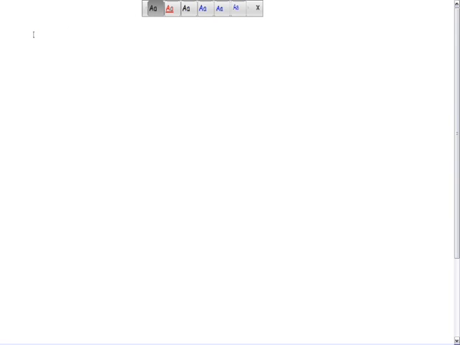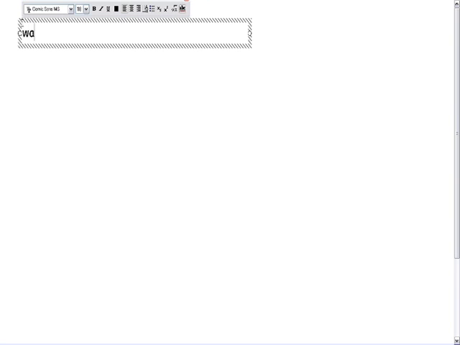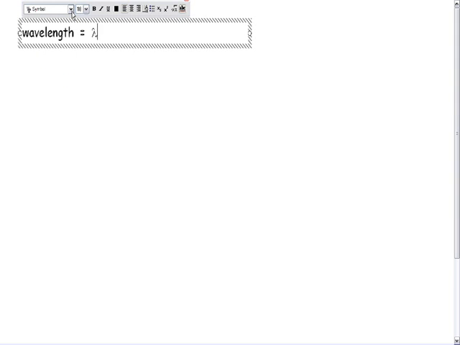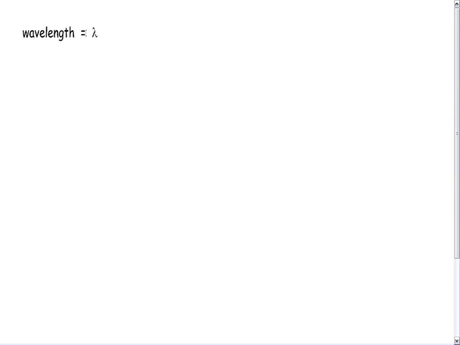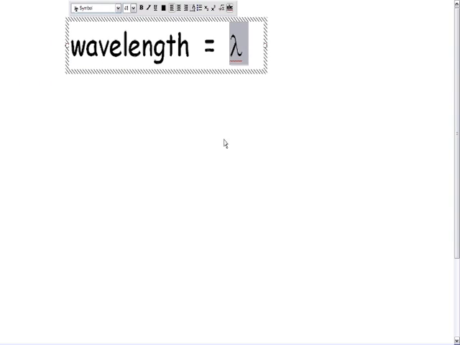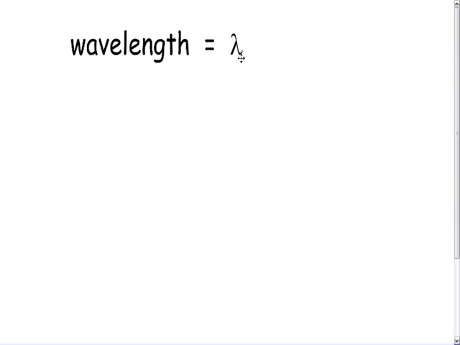Wavelength gets an annoying Greek symbol, which is super irritating to type: using symbol and L, wavelength is lambda. I don't know why we don't just use W, but there it is.